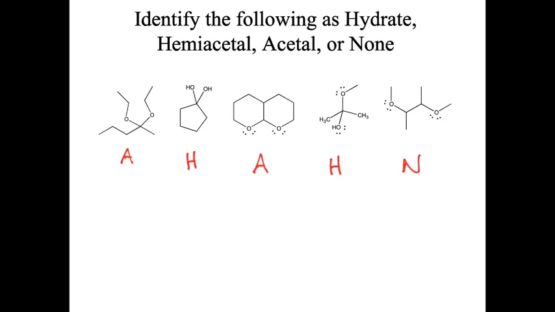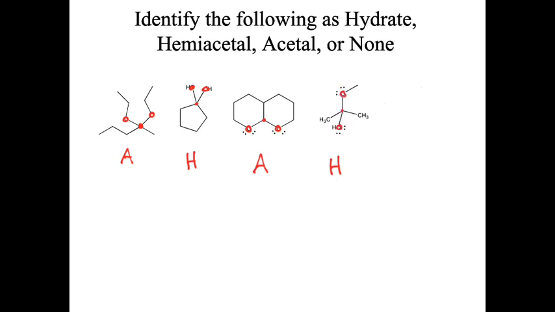In trying to find your acetals or hemiacetals, I'm going to delete the none of the above because I don't really care about it. We're trying to find a carbon that is bonded to two oxygens. If we go through all of these, we have that characteristic: carbon bonded out to two oxygens.